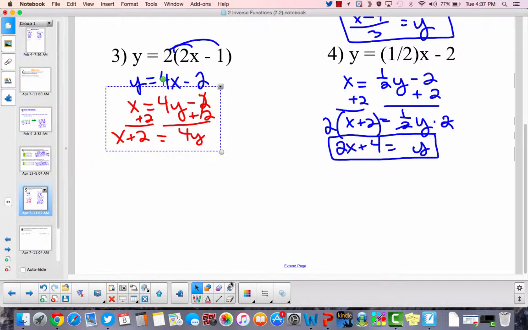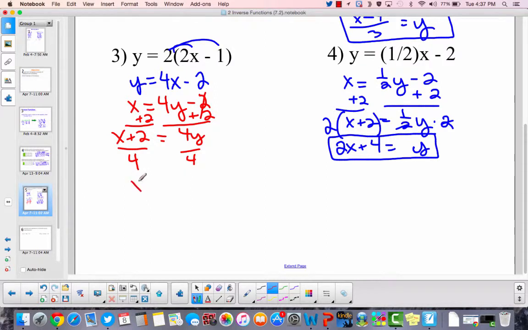Now I have 4 here, so I'm going to divide by 4. So I have x plus 2 over 4 equals y, because those 4's will cancel. Now I could simplify this if I split this apart, but since it doesn't go into everything, I would probably just leave it like that.